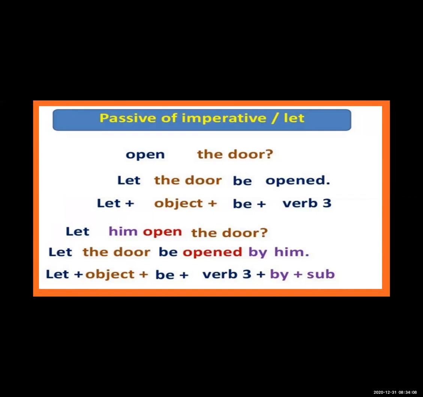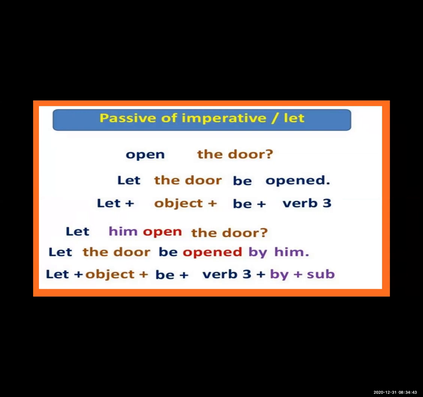Now one question should have arisen in your mind, sir. In the sentence open the door, where is the subject? Yes, as you can see, no subject is been seen. Yes, Ramesh open the door, Suresh open the door, or any name or any he, she, anything. Simply we have written open the door because in such sentences you have to assume that there is a subject playing its role.